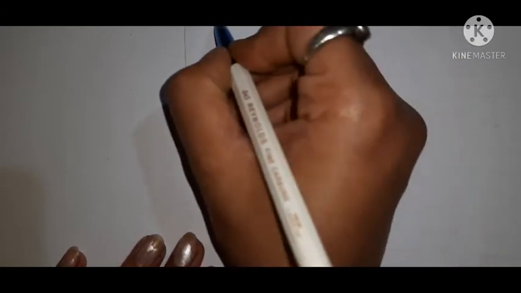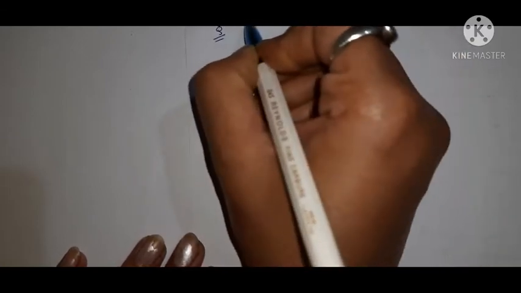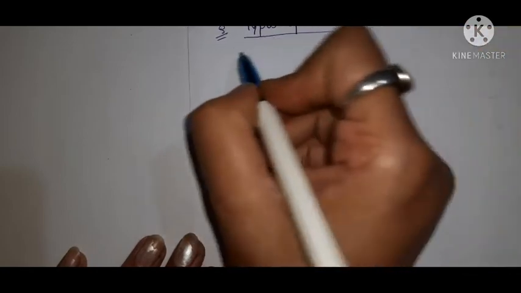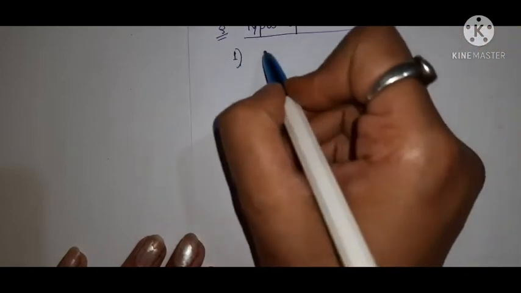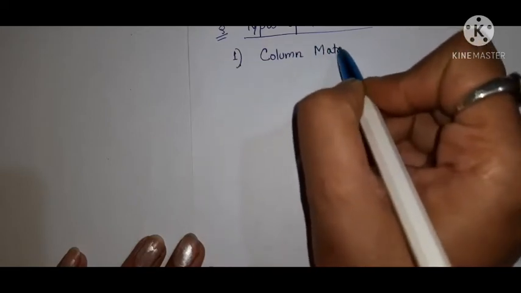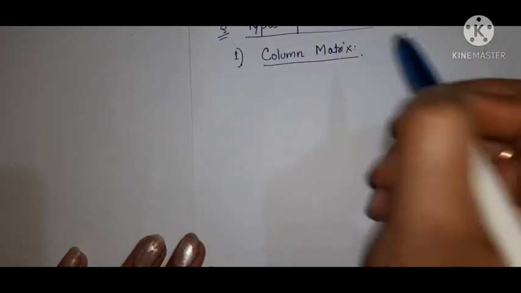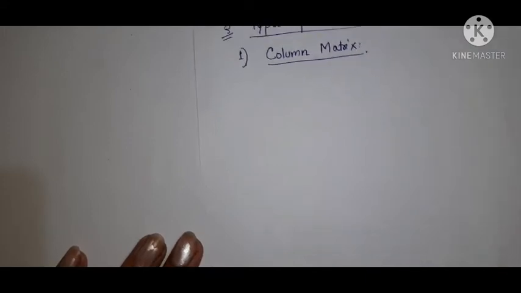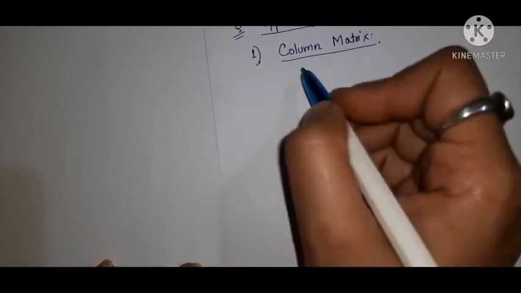Next we move to the types of matrices. There are various types of matrices. The very first one is column matrix. A matrix is said to be column matrix if it has only one column.